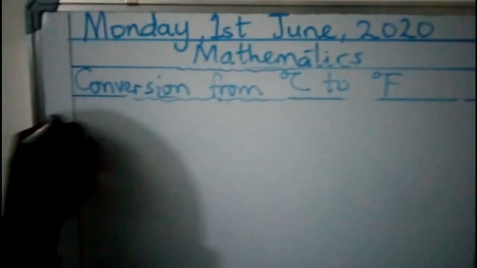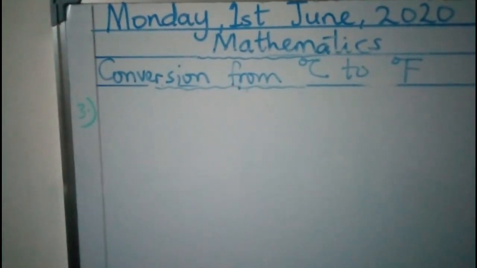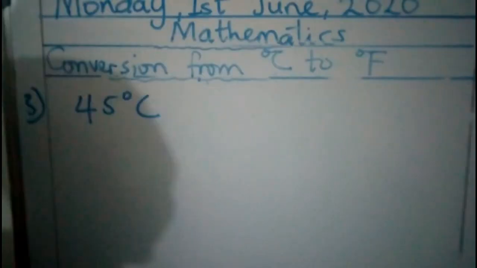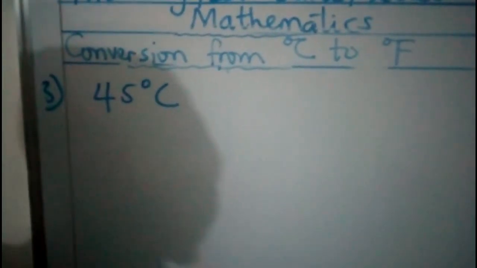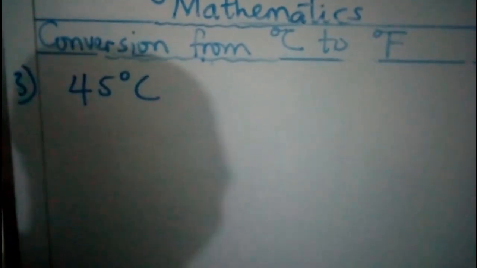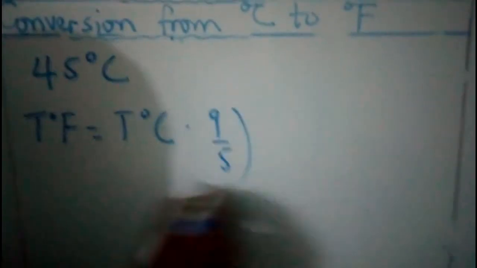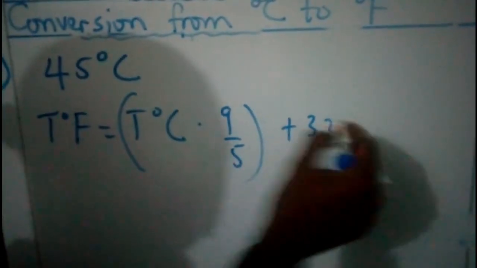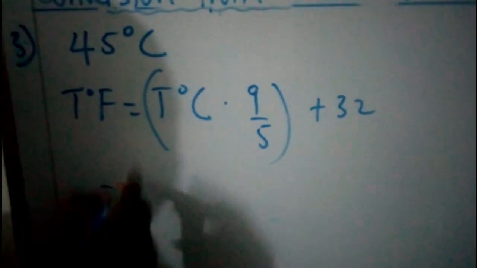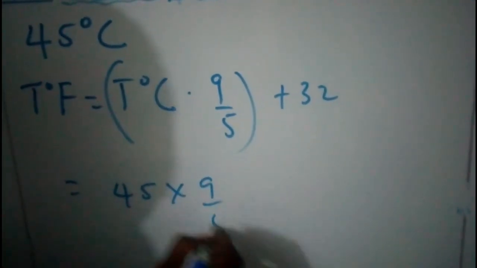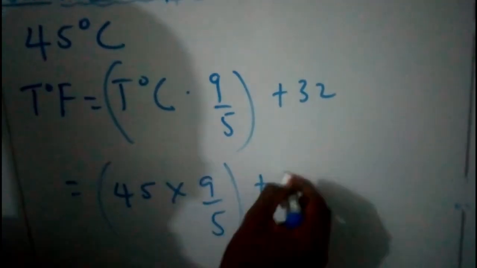Number 3, and this will be our last example for today. 45 degrees Celsius. We have to express this as degree Fahrenheit. So still using our formula, temperature in degree Fahrenheit gives you temperature in degrees Celsius times 9 over 5, all in bracket, plus 32. So let's substitute. Temperature in degrees Celsius is now 45 times 9 over 5, all in bracket, plus 32.